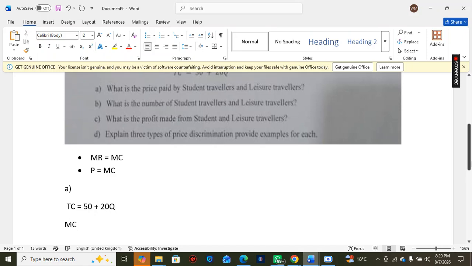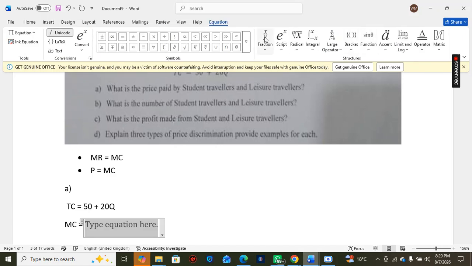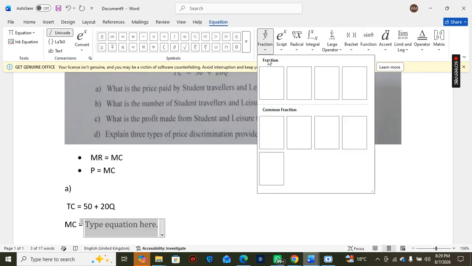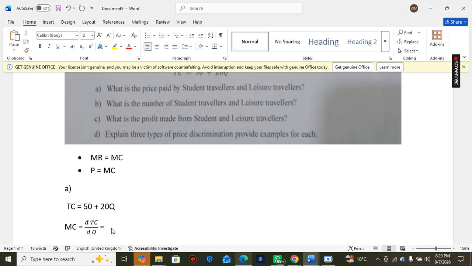So our marginal cost is the derivative of our total cost function with respect to Q. A number by itself disappears when you derive.